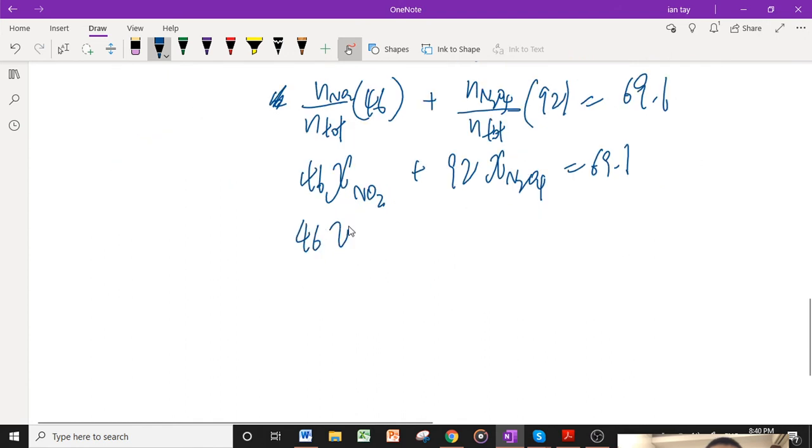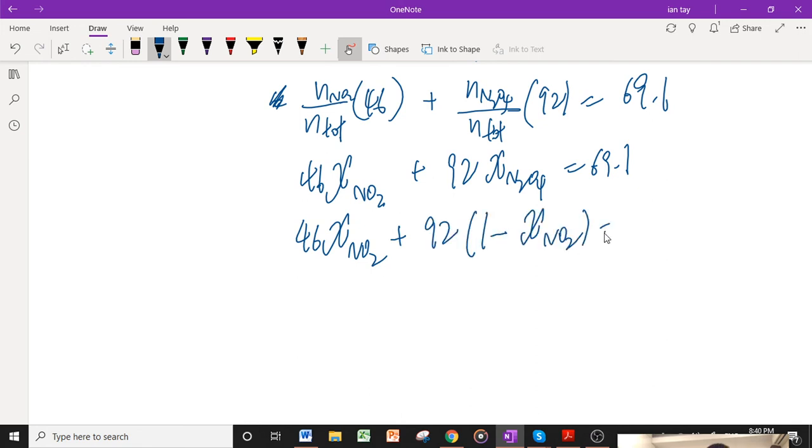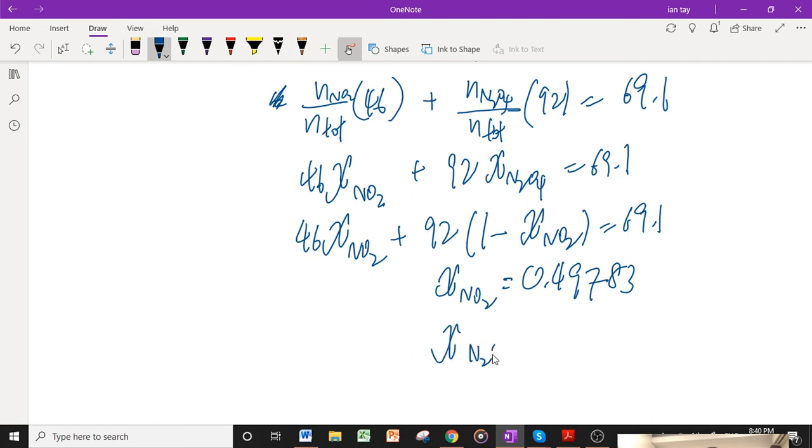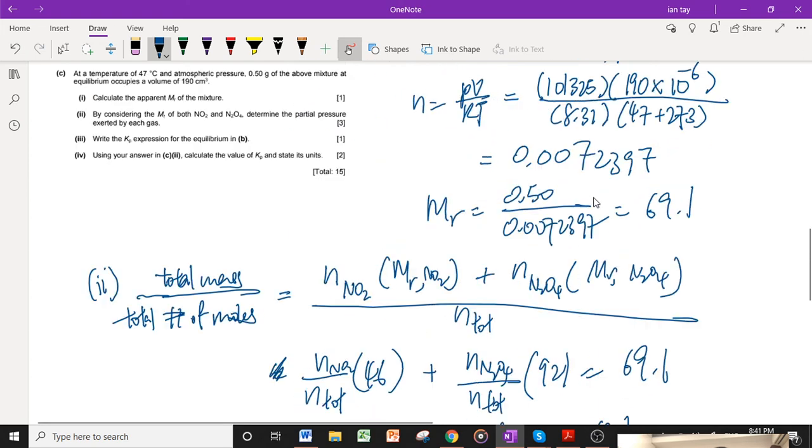So the molar fraction of N2O4 is simply 1 minus the molar fraction of NO2, and then we can simply solve a simultaneous equation to get 0.49783 for the molar fraction of NO2, and that for N2O4 is simply 1 minus that, which gives you 0.50217.